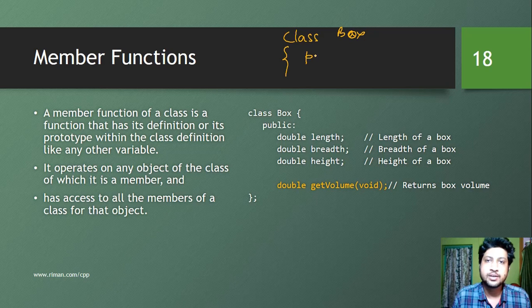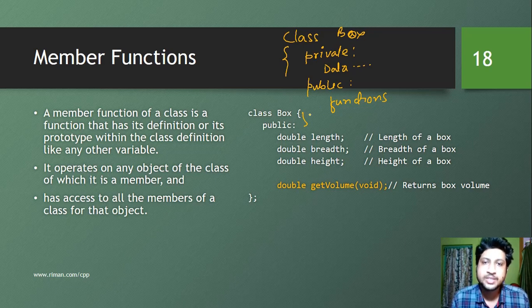In the private section, suppose we have some data, and in the public section we can write our functions. So it would be something like this. All classes end with a semicolon, so mind that. You have to end the class with a semicolon.